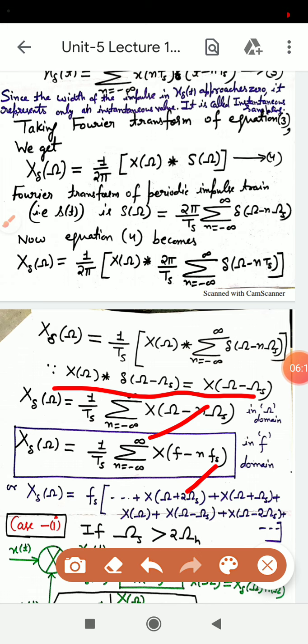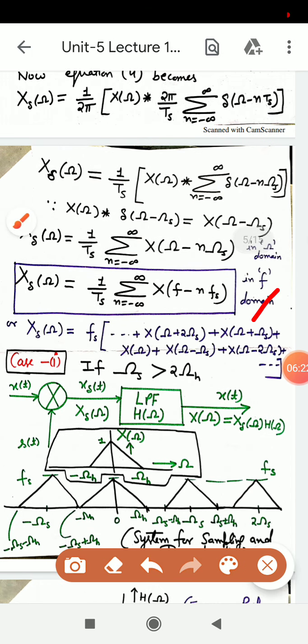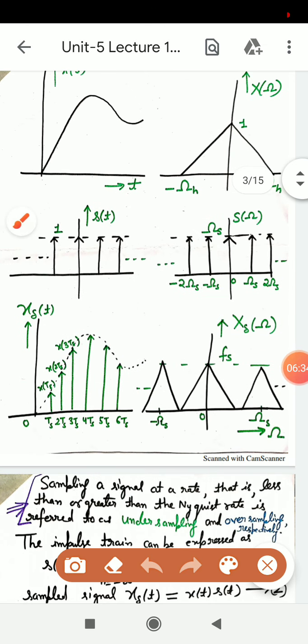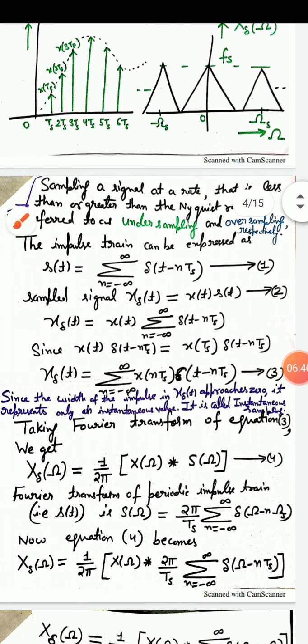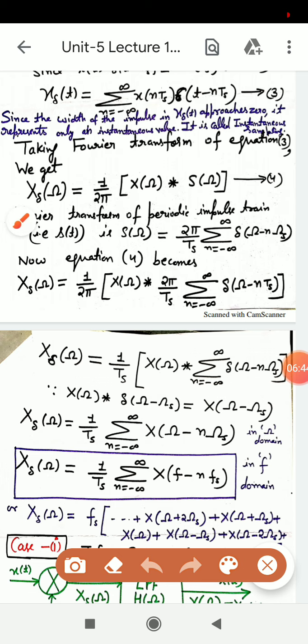We get this in the frequency domain, where omega is the frequency in radians per second. If we extend this, we get this, and if we draw it, the maximum amplitude is fs, which is 1 by Ts.